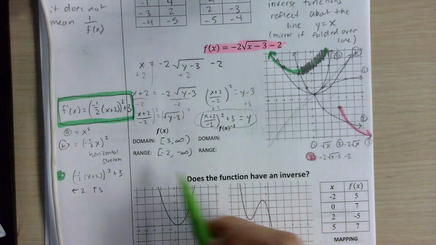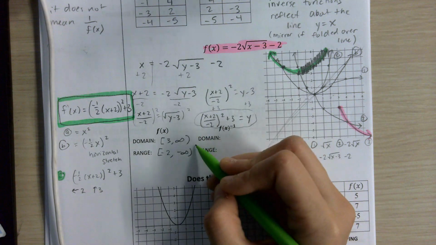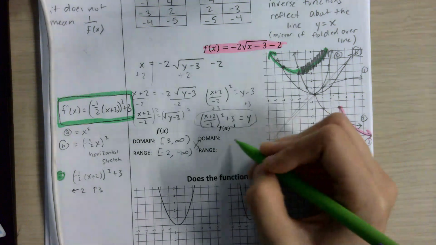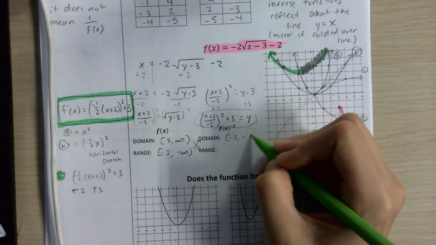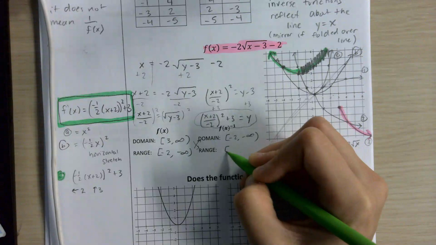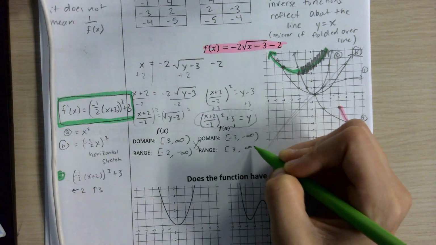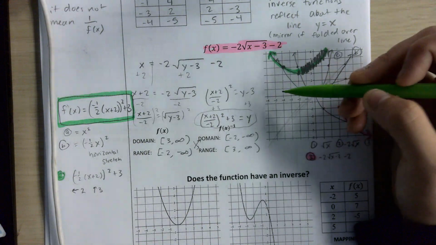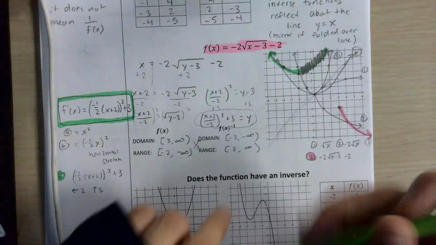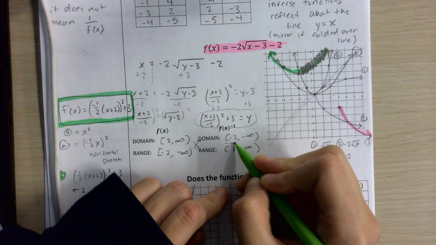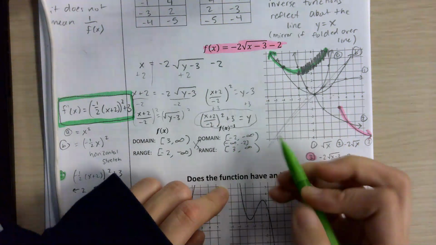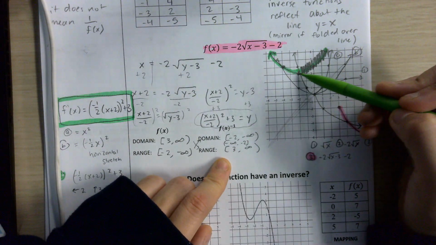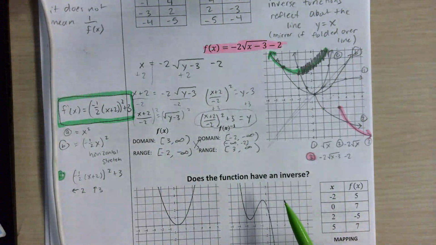So we need to switch the domain and range for our inverse function. So our domain here is going to be negative 2 to negative infinity, so we'd actually write that as negative infinity to negative 2. And then our range is going to be 3 going up forever.